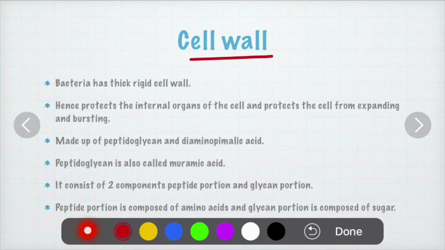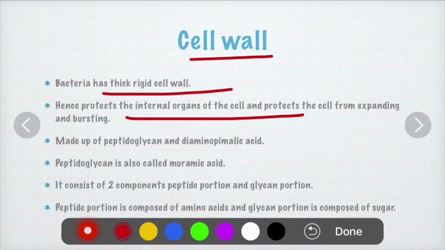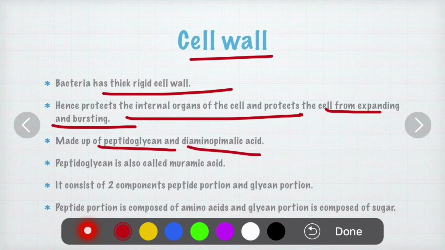Next part is the cell wall. The bacteria have a thick rigid cell wall. Because of it, the cell wall protects the internal organs of the cell from expanding and bursting. The cell wall is made up of 2 components, peptidoglycan and diaminopimelic acid. Peptidoglycan is also called murein.